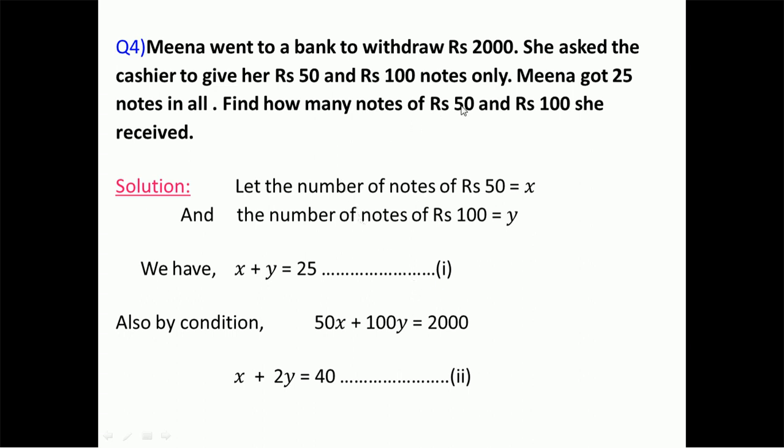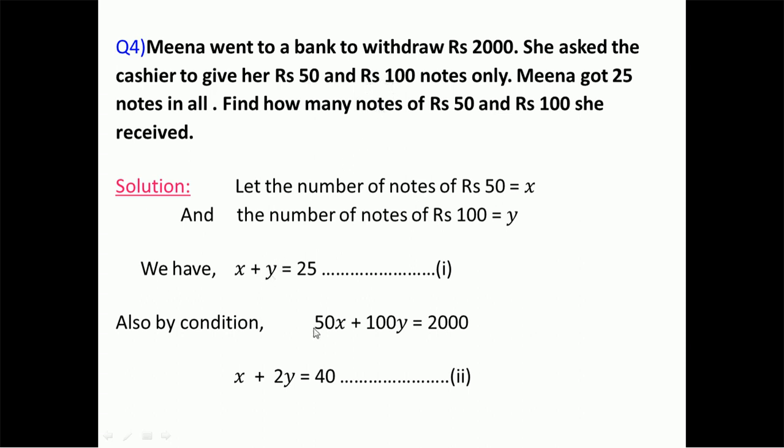Now from this statement, Meena went to bank to withdraw rupees 2000. She asked the cashier to give her rupees 50 and rupees 100 notes only. So total cash amount is rupees 2000, in the denomination of 50 and 100.